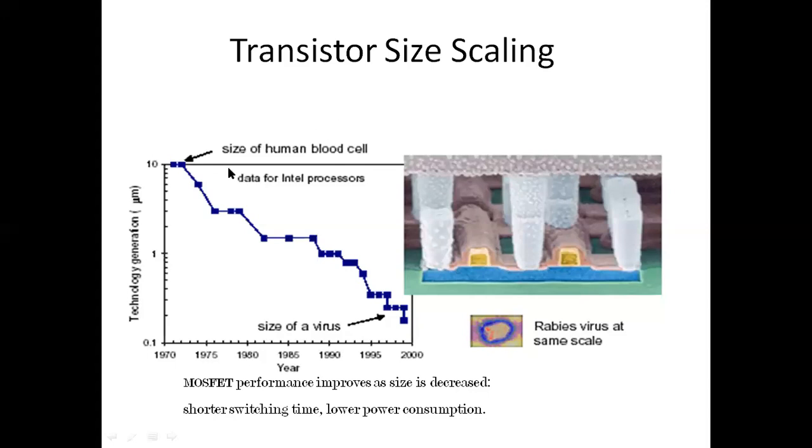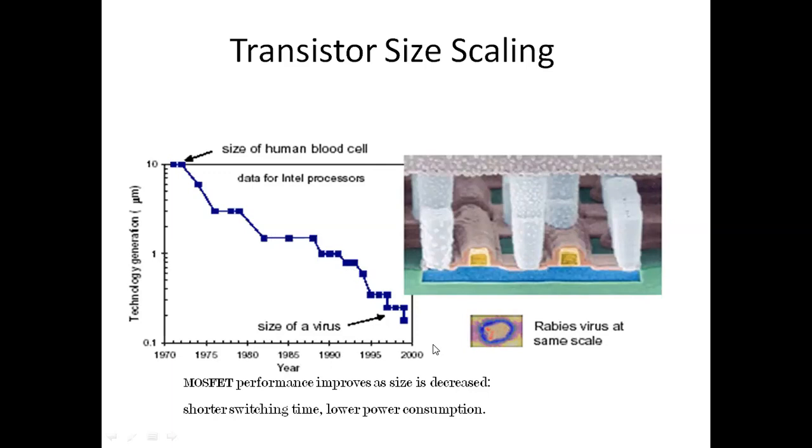So here in the graph, right from 1970, how the development took place and how the technology improved is shown. Technology here means the length of the gate in a MOSFET. So the length of the gate kept on reducing as the technology improved year-wise. And now we are somewhere around 2020.